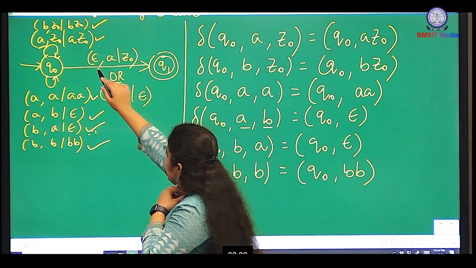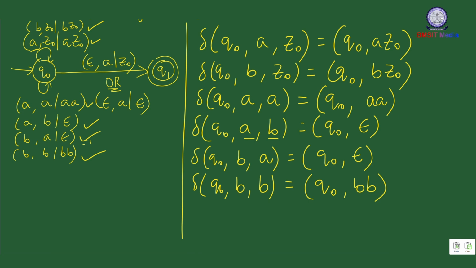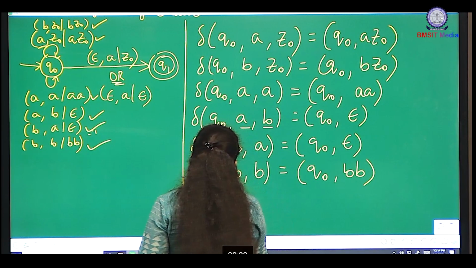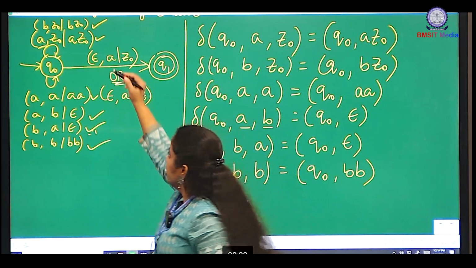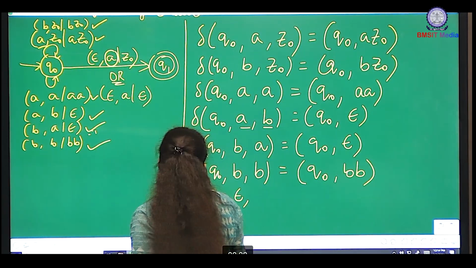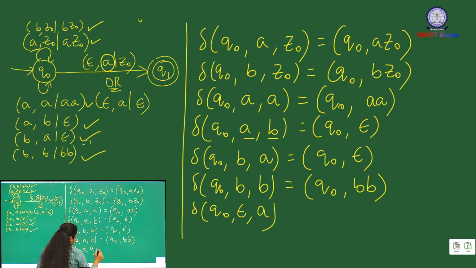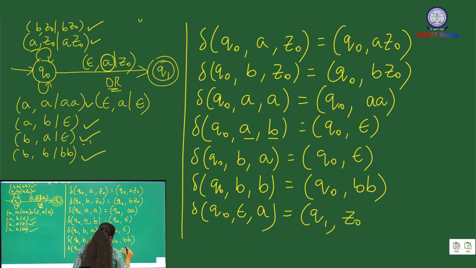So, next we have epsilon A Z0, for that also we have to write Q naught upon epsilon. You have to have A in the stack. Then only you will reach the final state Q1 and you will keep the stack as Z0.